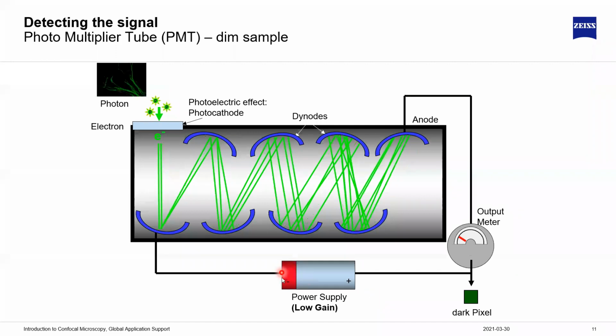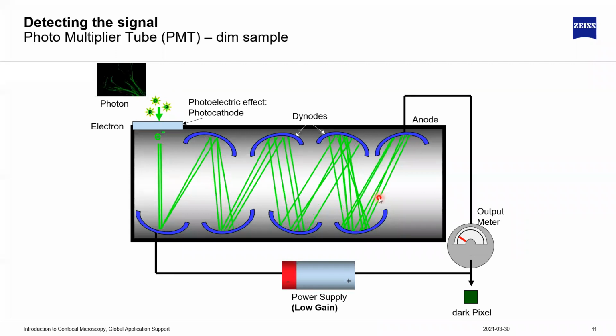Now, if I apply the same gain to my detector, but I have a dimmer sample, so I have fewer photons, then the pixel that I get at the end will be a little bit darker, because I didn't amplify these electrons too much.